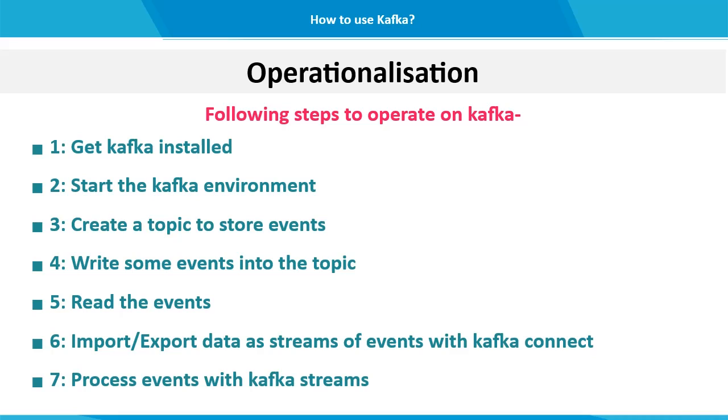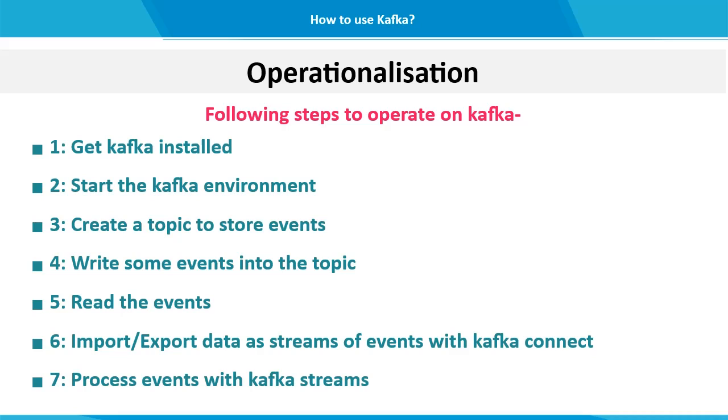Step 5, read the events. Since events are durably stored in Kafka, they can be read several times and can be used by several consumers. Step 6, we can export data as a stream of events with Kafka Connect.